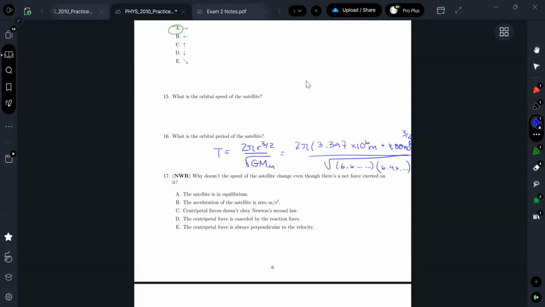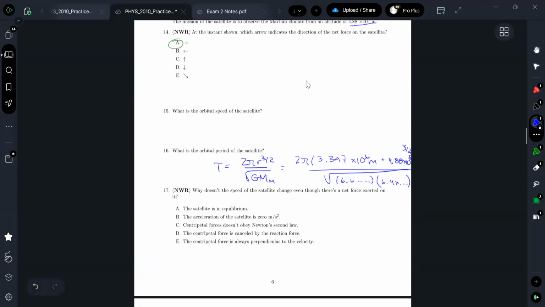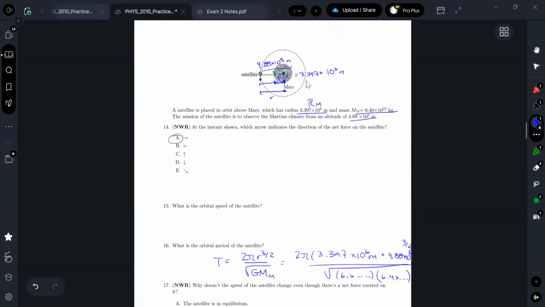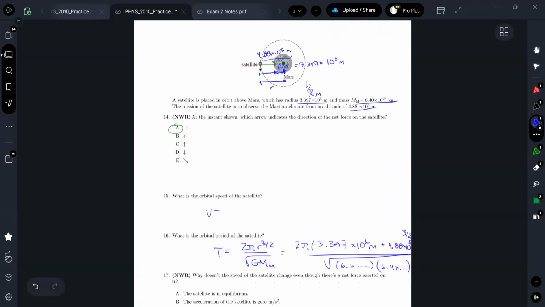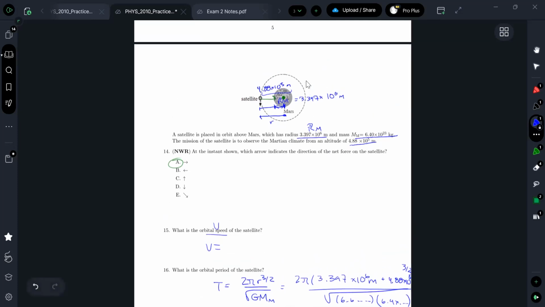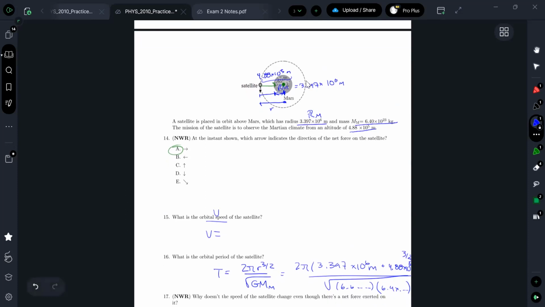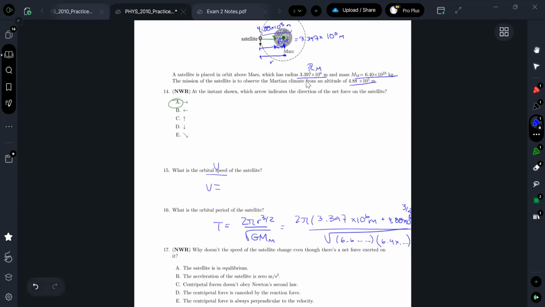Oh, okay, it was 15 that I needed to look at. So orbital speed. Very similar. We have a relation for orbital speed v, and then this total distance r radius. If I know the mass M of Mars, it's the square root of G times the mass of Mars over that radial distance. I replace the mass of Earth with the mass of whatever's being orbited, in this case Mars.